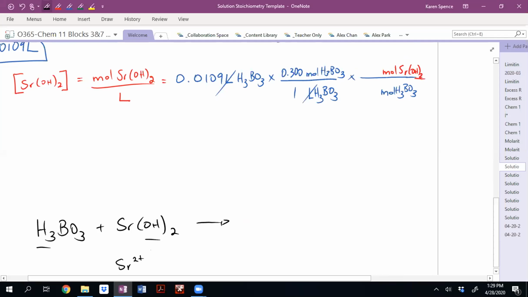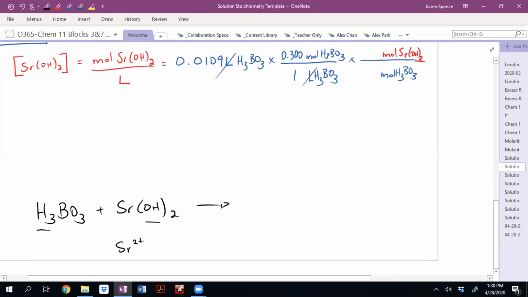And what is the other half of the salt going to be? BO3. You won't find BO3 on your table of common ions. However, you know that you have 3 H pluses. So what does the charge on BO3 have to be? It has to be 3 minus.